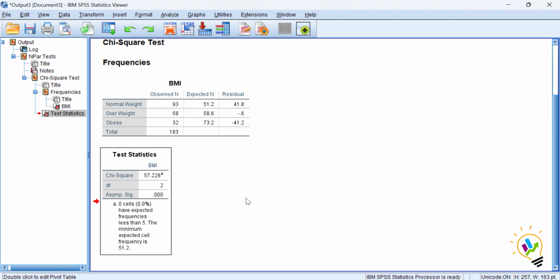The null hypothesis says there is no significant difference between observed and expected BMI classification. But if the significance p value is less than 0.05, it means we are rejecting the null hypothesis and coming to the conclusion that there is a significant difference between both observed and expected values.